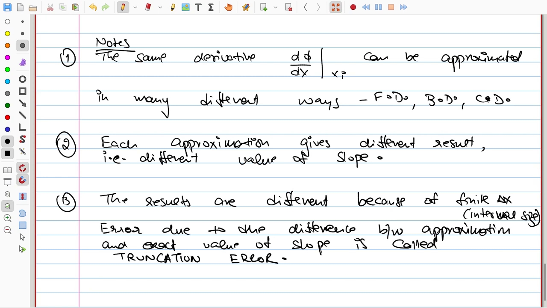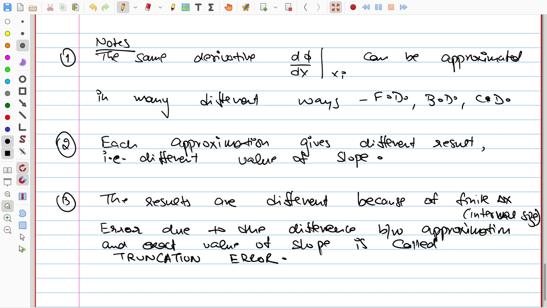And the third note is to understand why there is a difference. The difference is because the interval size is finite. If delta x was tending to 0, all these three approximations would tend to the exact slope value.